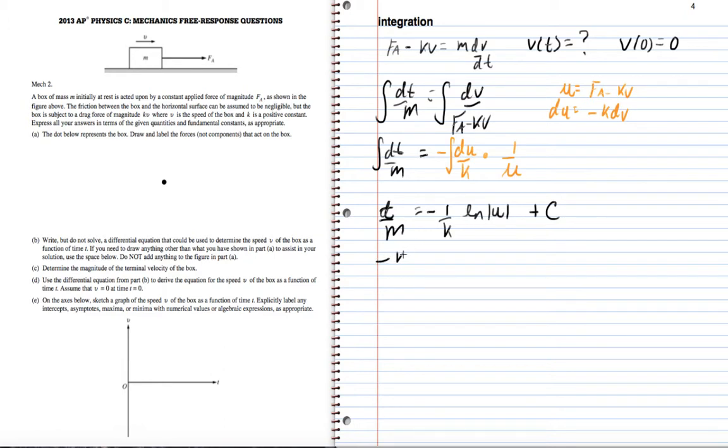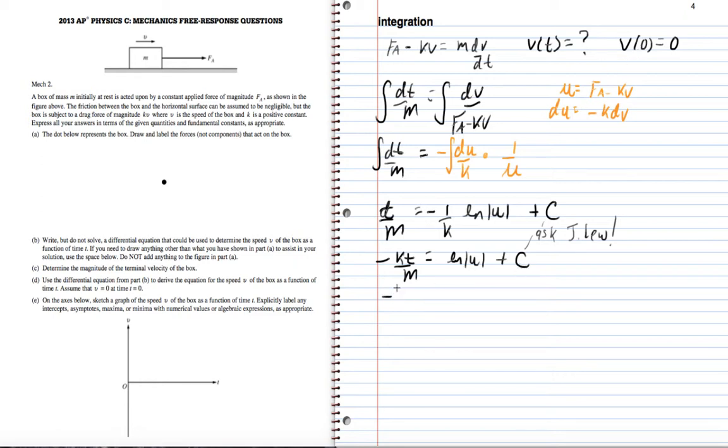Now, I'm going to rearrange: negative kt over m equals ln u plus c. There's no point in multiplying the c times the k over m. It'll just be a new constant. So if this weirds you out that I have the same c here and here, ask JLu. So now let's go ahead and solve for this integration constant c, and we get that from the initial conditions.